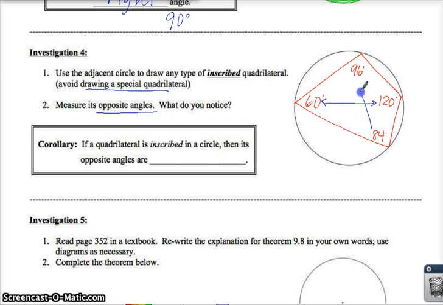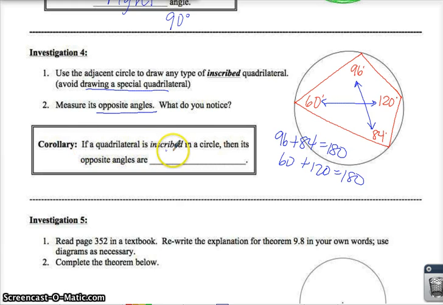So what do I notice about my opposite angles? They add up to 180 degrees, or yours should have been really close, right? So both sets of opposite angles should add up to 180 degrees or really, really close, depending on your slight error in measuring. So let's complete the corollary.